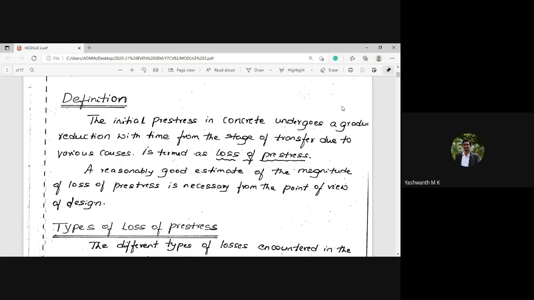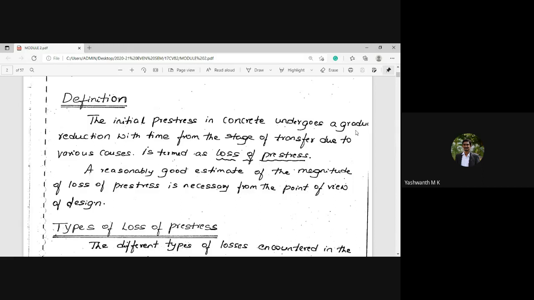I will repeat. The initial pre-stress in the concrete undergoes a gradual reduction with time from the stage of transfer due to the various causes. Here the keywords are initial pre-stress, stage of transfer, and due to various causes, it will undergo reduction.